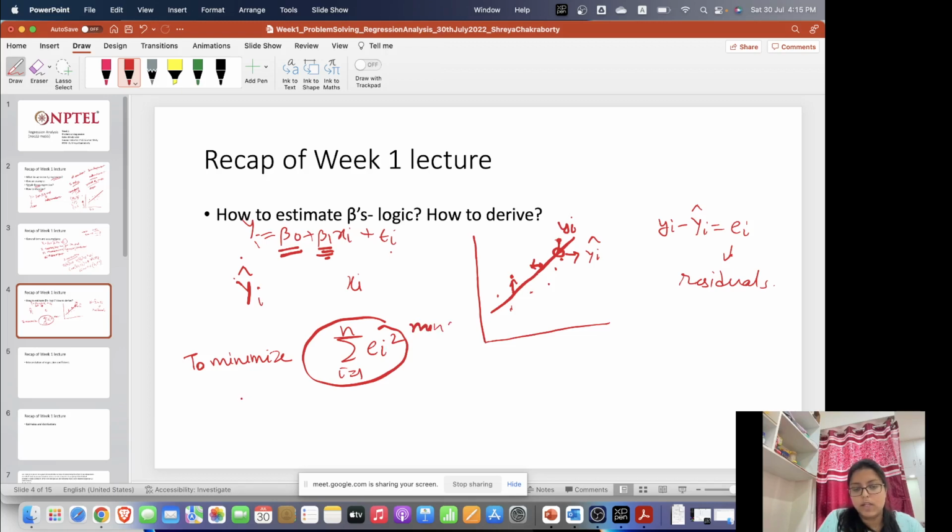So the way to do it is to do partial derivatives with respect to beta naught and beta 1, so these two were my normal equations.